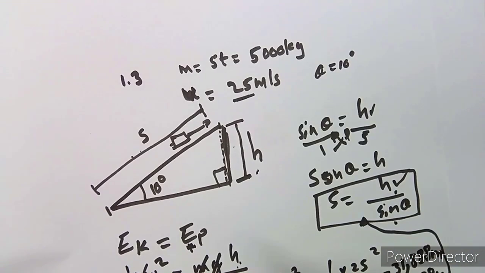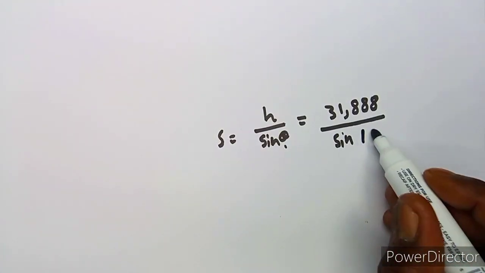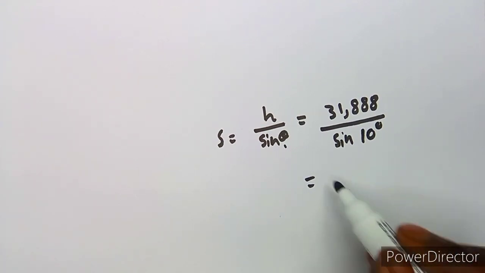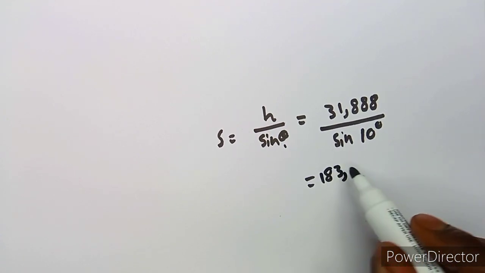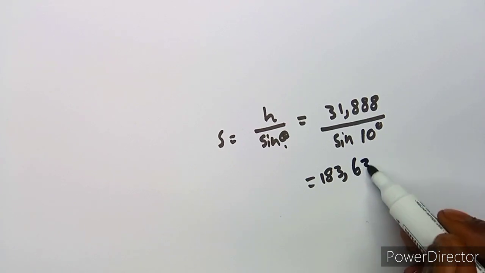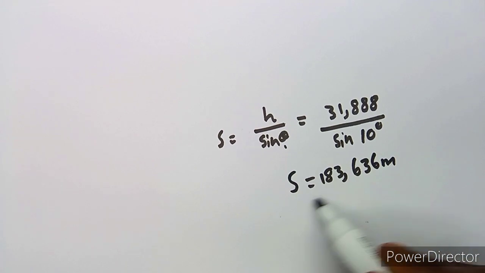Remember, we are neglecting all the losses or the friction, so this one is just going to be direct like that. From our calculator, we're going to obtain something like 183.63567. So that is your S.